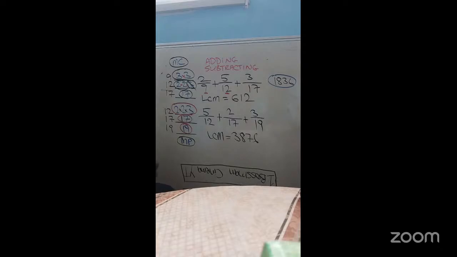Yeah? So, if this is all prime, you multiply all of them. Now, this is majority prime. Right? Because this is composite, this is prime, this is prime.